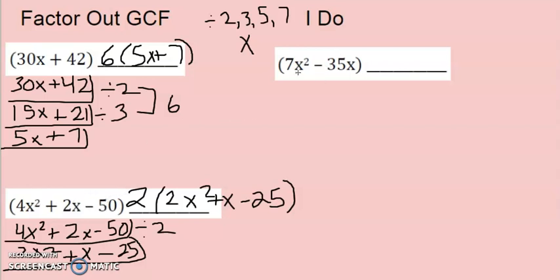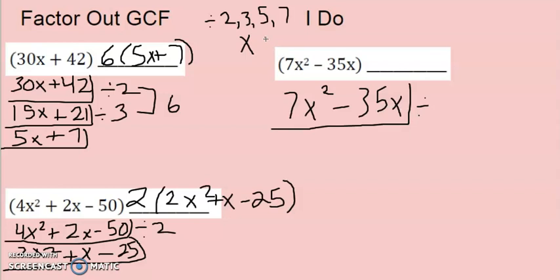Let's look at the last example. 7x squared minus 35x. Can we divide out a 2? No. 3? No. 5? No. 7? Yes. 7x squared divided by 7 is 1x squared. Negative 35x divided by 7 is minus 5x.